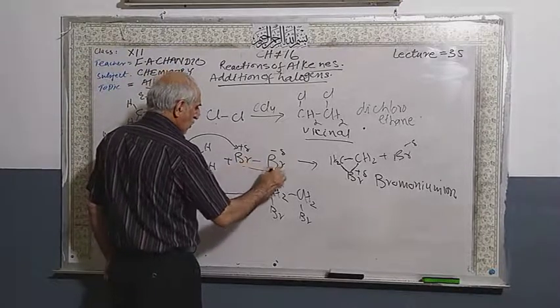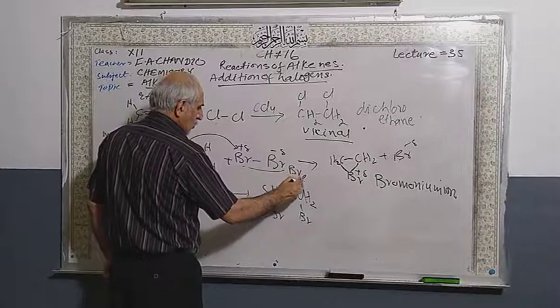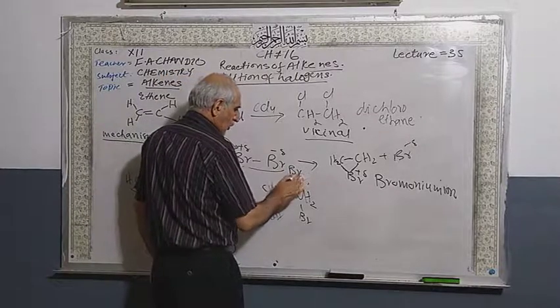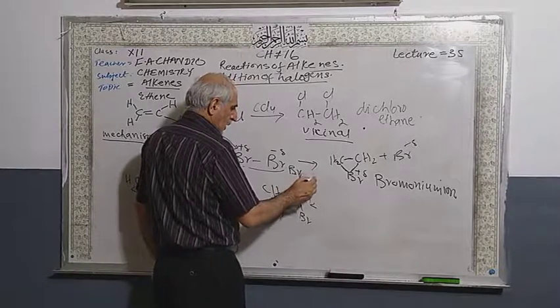This bromine molecule, liquid, we call bromine water. The color is reddish brown.